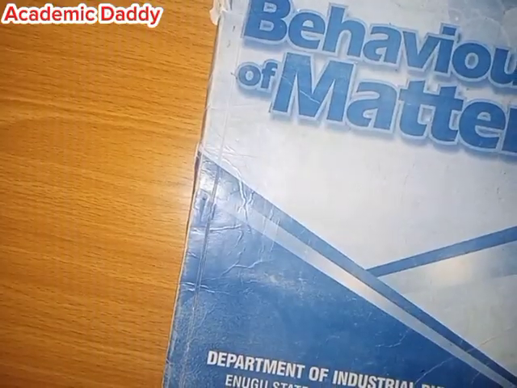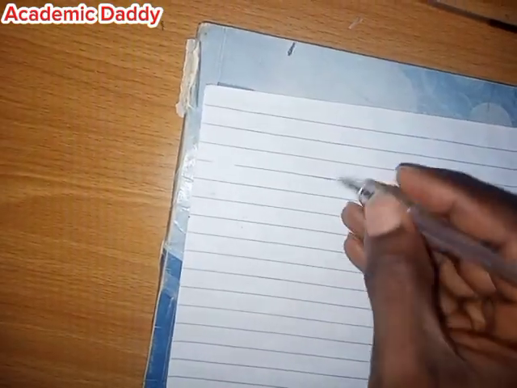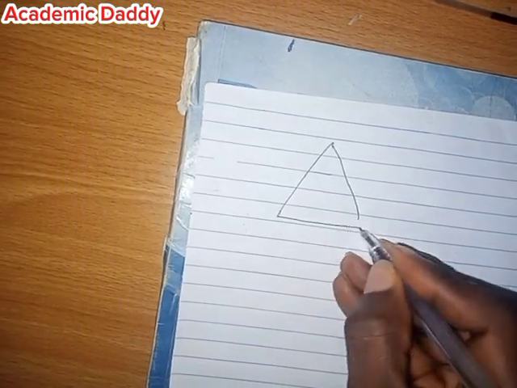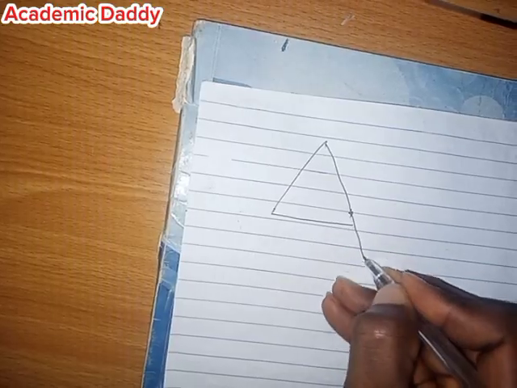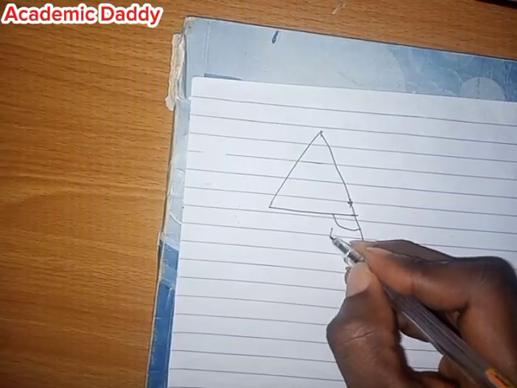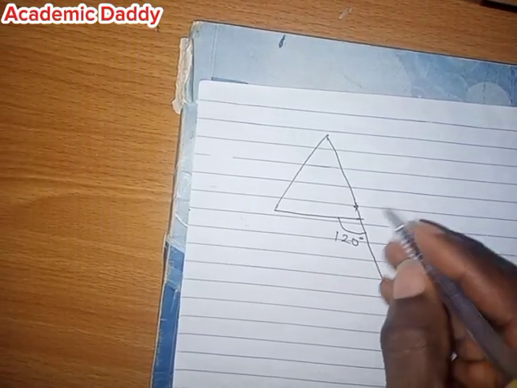So if I know that, in our next class, or maybe let's check if there is an example question. Let's say I have this, and let's say they call here 120 degrees.